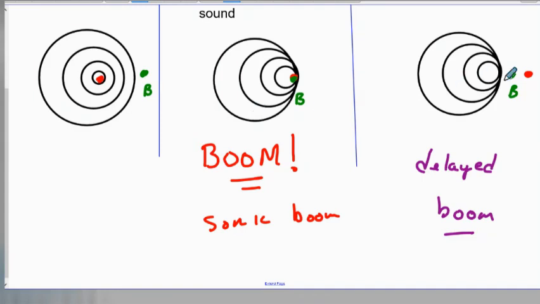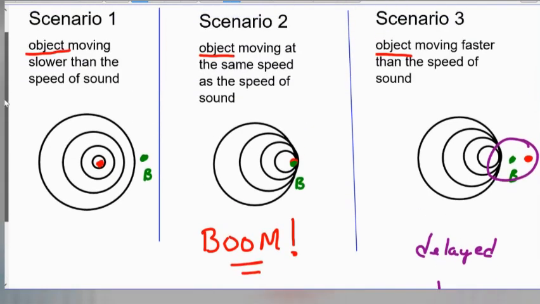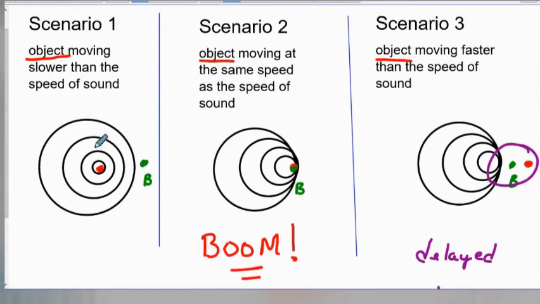And next, what we're going to do is look at how to calculate the distance between when the boom happens. Okay, so very, very briefly, when the object is going slower than the speed of sound, we see a Doppler effect. We got higher frequency here, we got lower frequency over there.